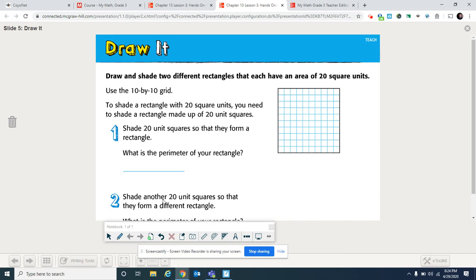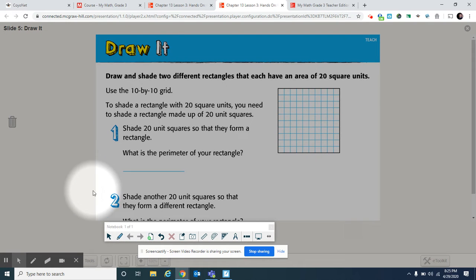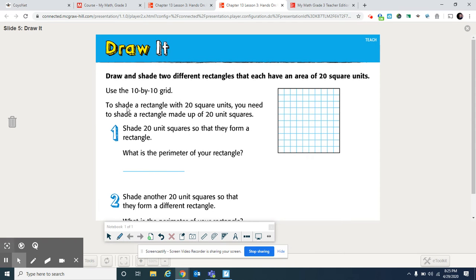So, the first example: we need to draw and shade two different rectangles that each have an area of 20 square units. Okay, now we'll be using a 10 by 10 grid.